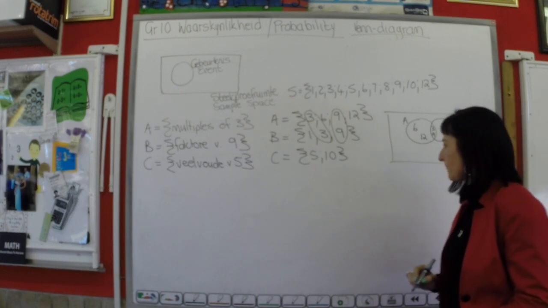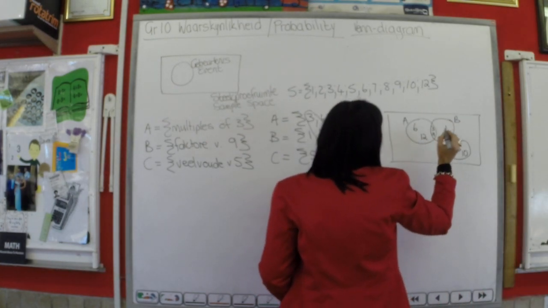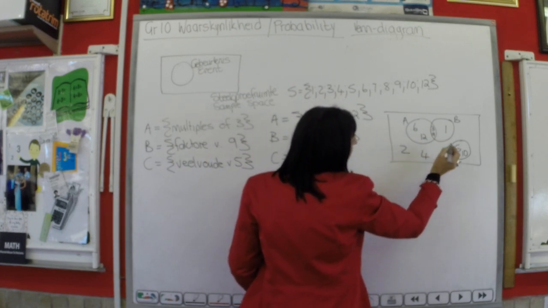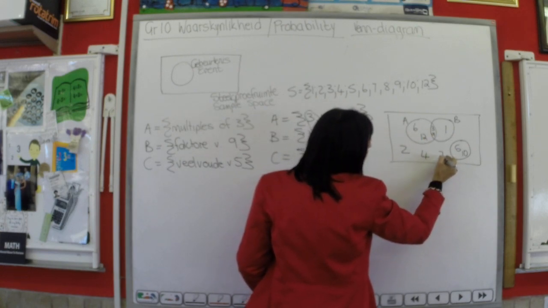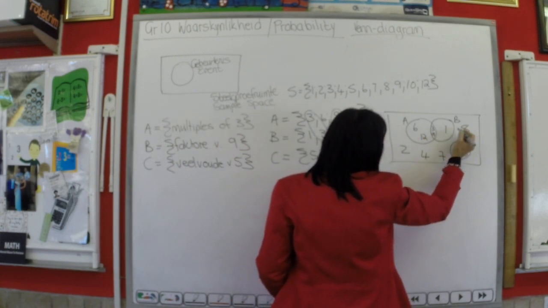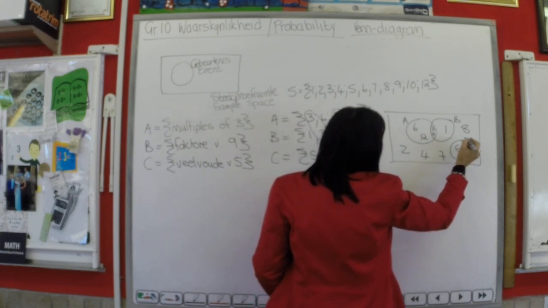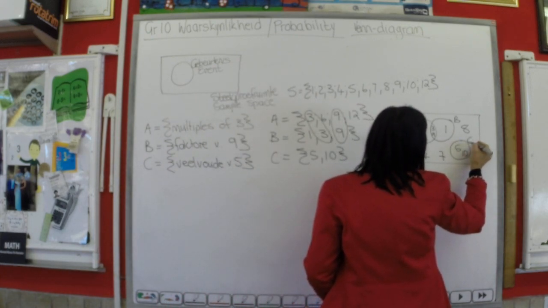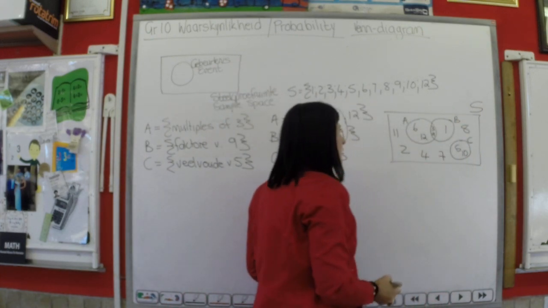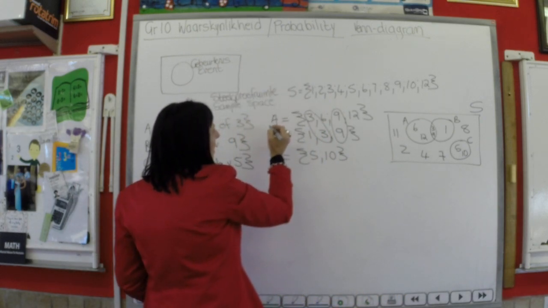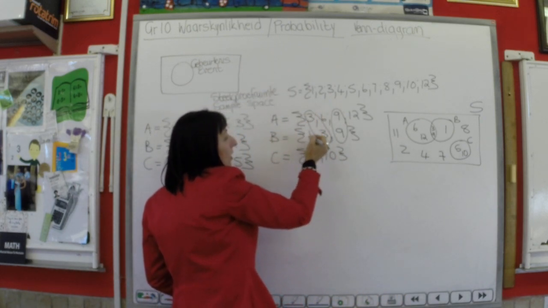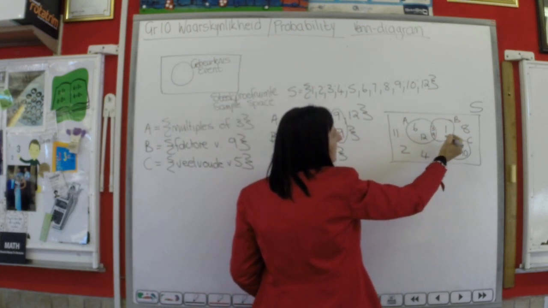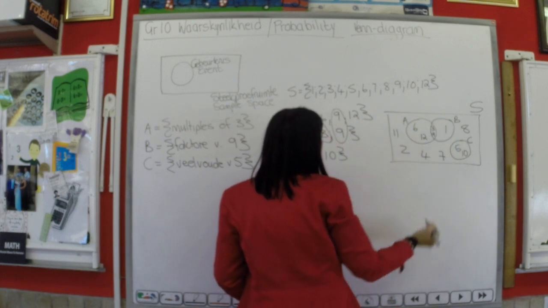Nou kom ons gaan kyk what's left on the outside. Ek het vir 1, vir 2, 3, 4, 5, 6, 7, 8, 9, 10 en ek het vir 11. So if I draw my Venn diagram, this is event C, this is my sample space. So kyk wat juffrou begin. Ek het vir A, B en C geteken, maar omdat A en B elemente deel, het ek hulle 'n snyding gegee, so that they can share 2 elements.